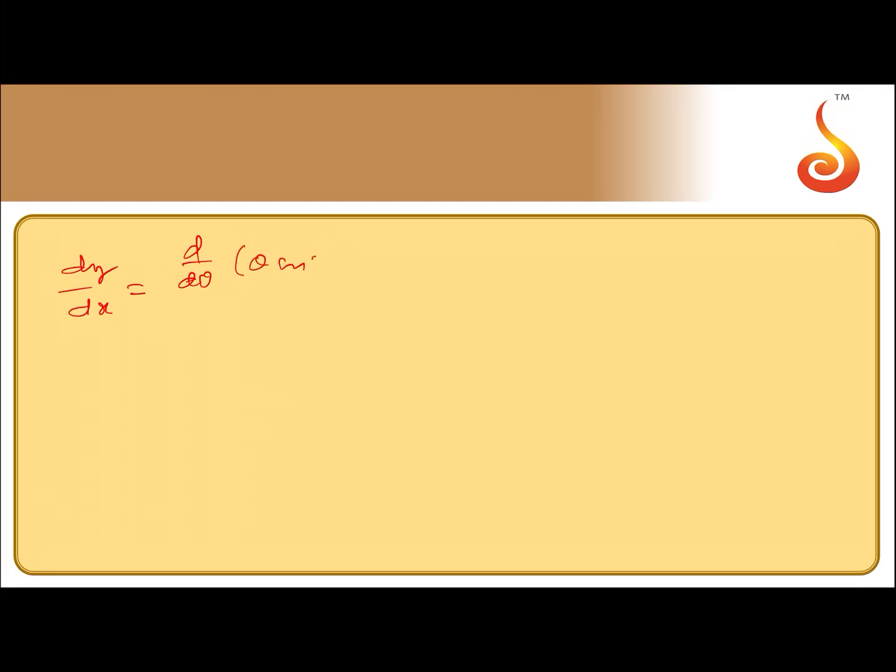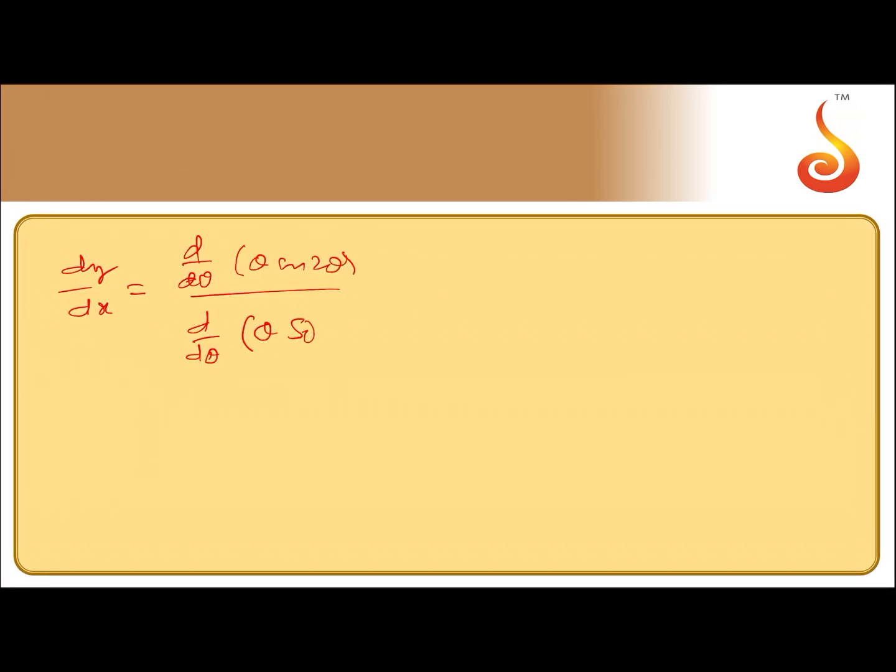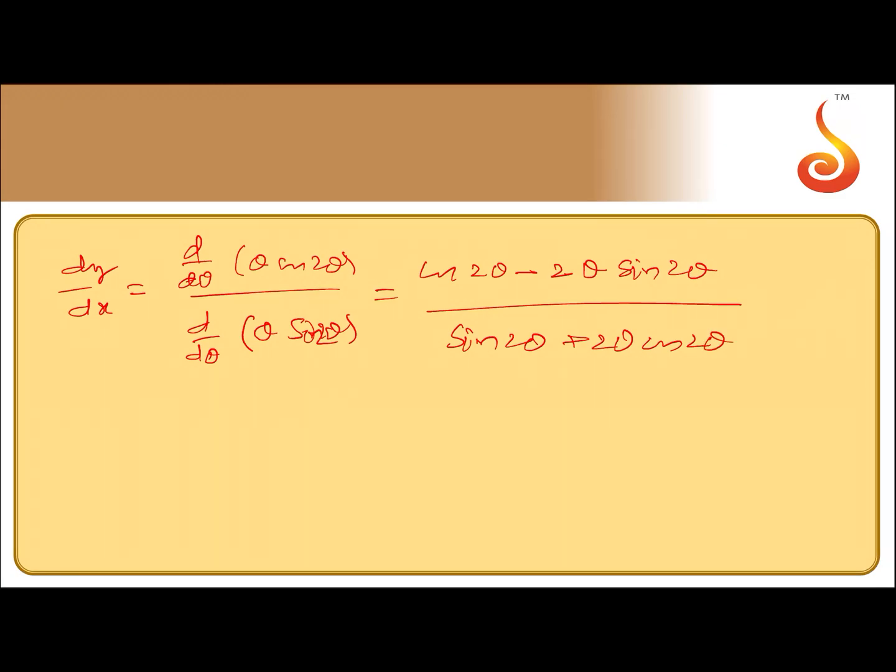So d by d theta of theta cos 2 theta divided by d by d theta of theta sin 2 theta. So the derivative is cos 2 theta minus 2 theta multiplied by sin 2 theta divided by sin 2 theta plus 2 theta cos 2 theta.